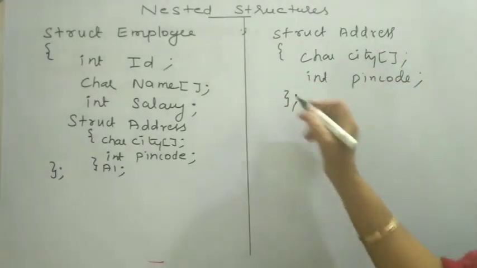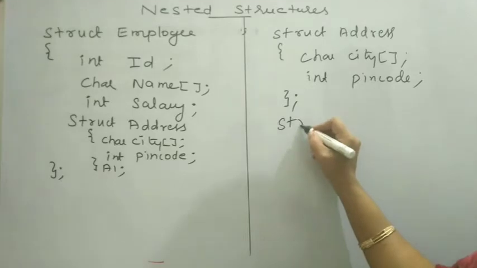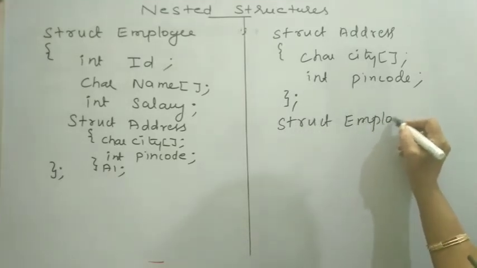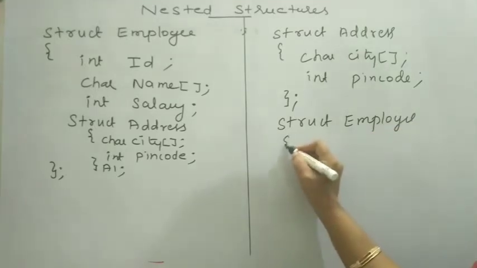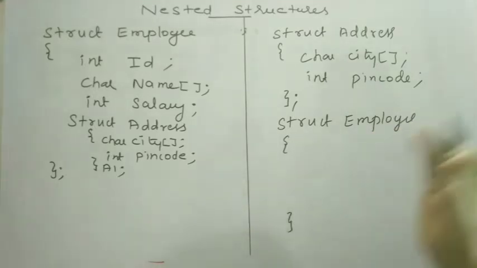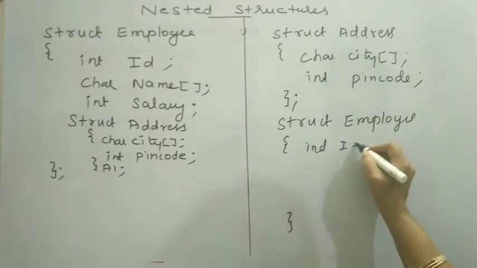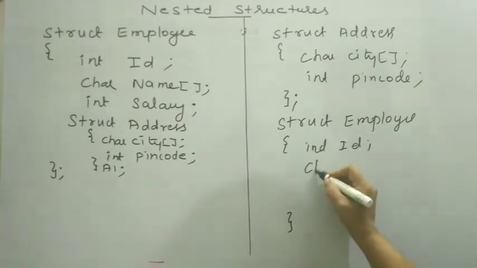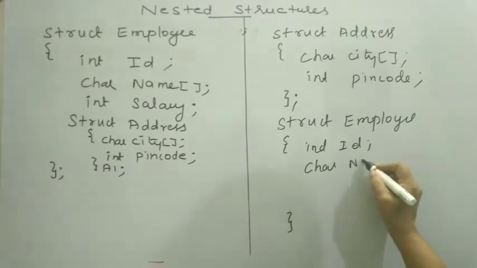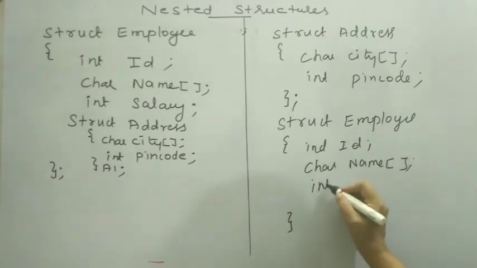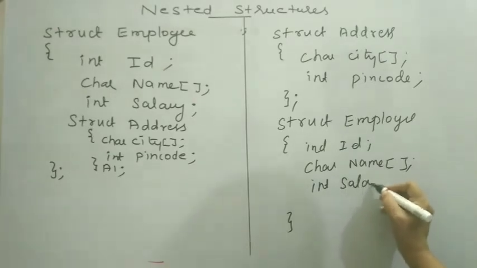After defining this, I need to define the structure employee. Struct employee. Within this employee, I have four data members. The first one is ID, then a character array, that is name, and then an integer data member salary.